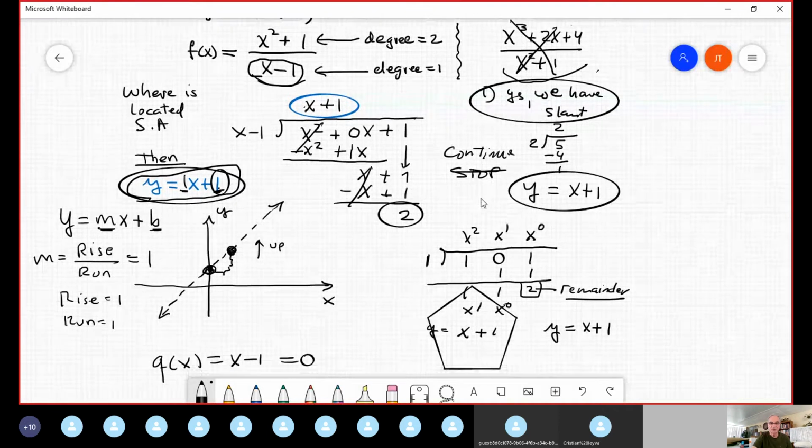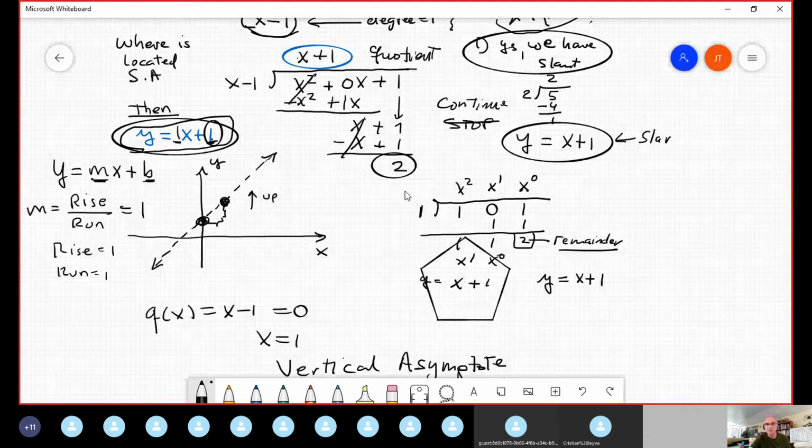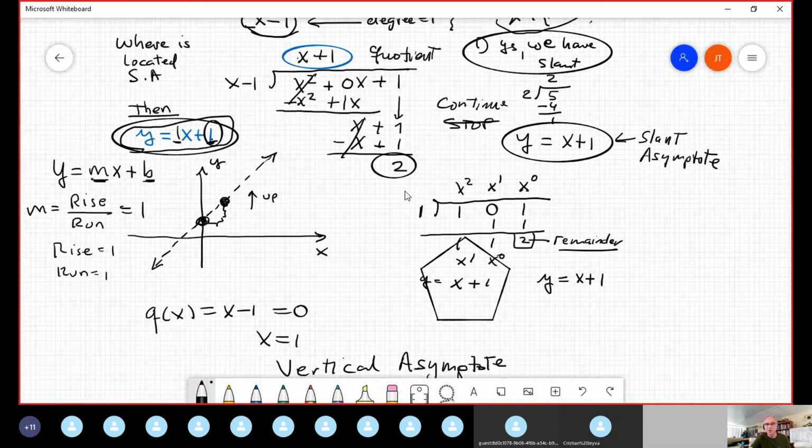And you perform synthetic division or long division, depending on the example, and you take the quotient of the division to determine the slant asymptote equation. The slant asymptote equation is always the equation for a line. So you can express it using slope-intercept form, y equal mx plus b, and you plot that.